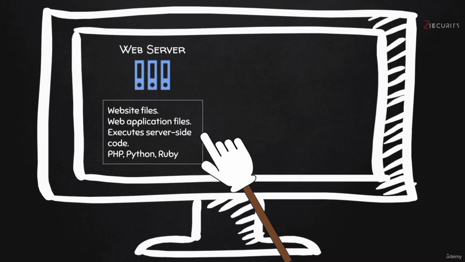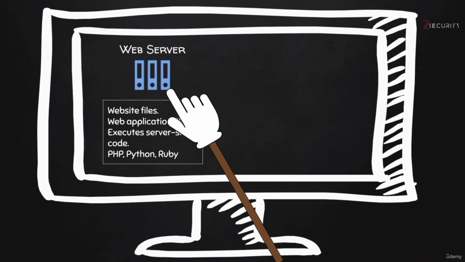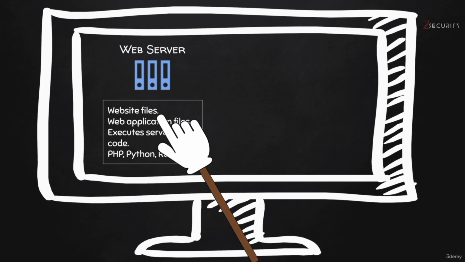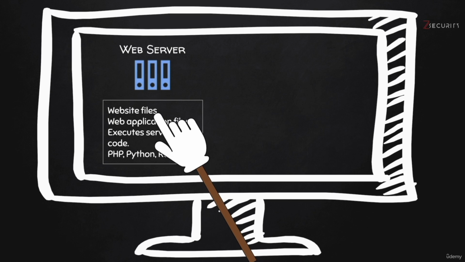So you would have the web application files stored within the web server, because like I said, the initial goal of the web server is to be able to serve files to remote computers using a web browser, using the HTTP protocol. The web application files contain code. So the website files could be images, they could be normal HTML files, so they don't really contain code.